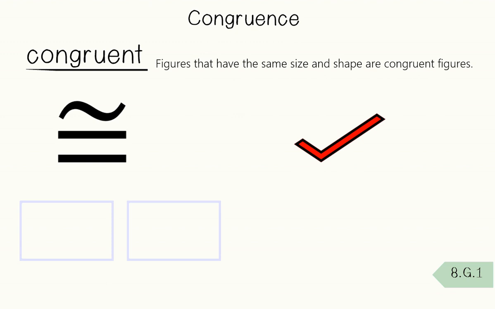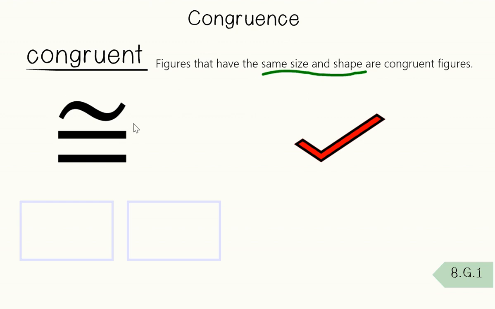But before we do, I want to talk about rigid motions and how they produce shapes that have the same size and shape. And of course we have a fancy math word, a scholarly word, a word that means figures that have the same size and shape, and that word is congruent.